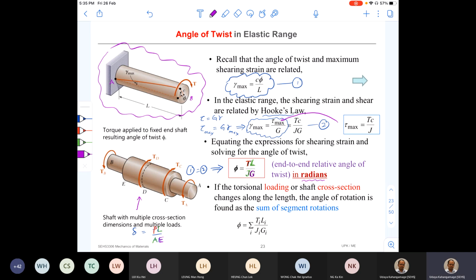And another important thing I want to mention here: the angle of twist phi given in this equation is the angle of twist at point P with respect to A. Okay, right.